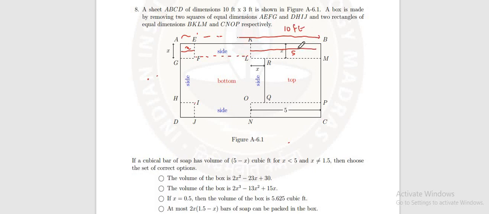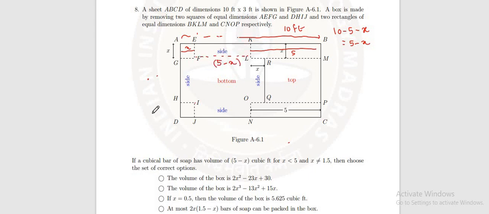So you can see 10 minus 5, and this one again minus x, which will give you 5 minus x. So I have obtained my length, that is 5 minus x.